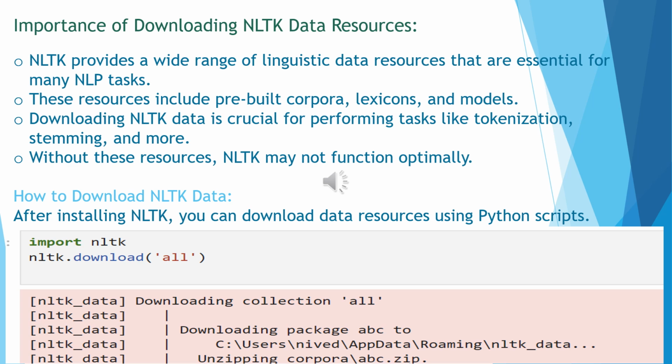Additionally, the WordNet lexical database is invaluable for semantic tasks like synonym generation, semantic similarity, and word sense disambiguation. By providing these resources out of the box, NLTK enables users to perform complex NLP tasks without needing to source and pre-process external datasets. This accessibility makes NLTK a powerful resource for experimentation and learning, particularly for those who may not have access to large-scale datasets.